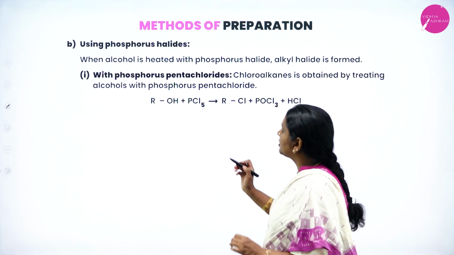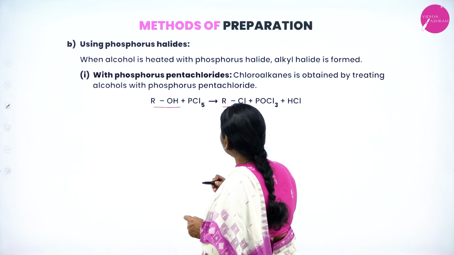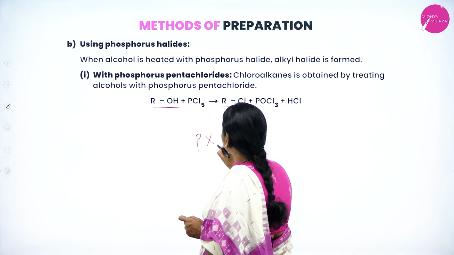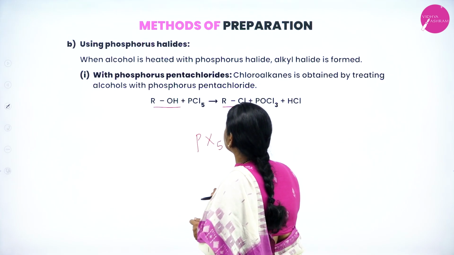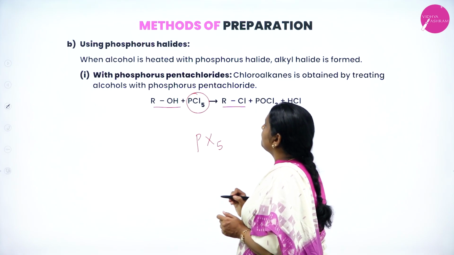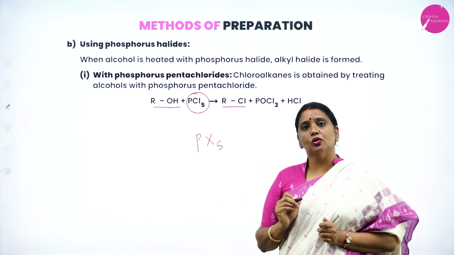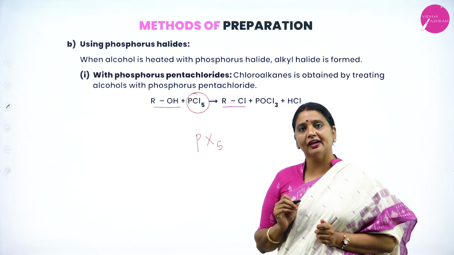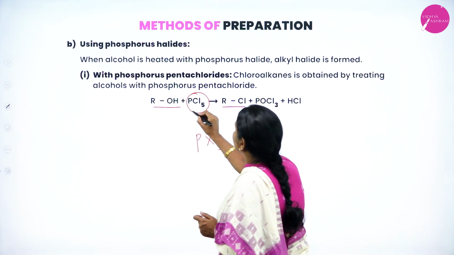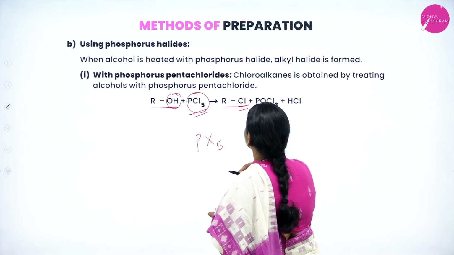Second method, to convert once again alcohol into alkyl halide, you add phosphorus halide. What's the formula of phosphorus halide? PX5. But among phosphorus pentahalides, only phosphorus pentachloride exists. There is no PBr5 and PI5. Therefore, ROH is treated with PCl5. OH is replaced by one Cl.